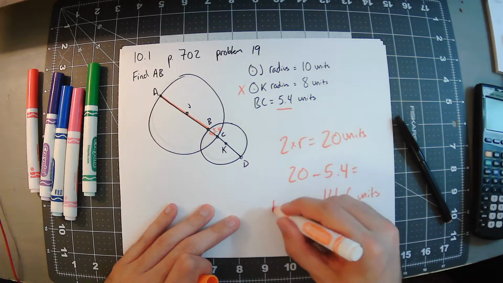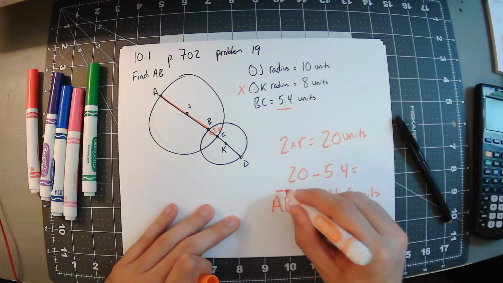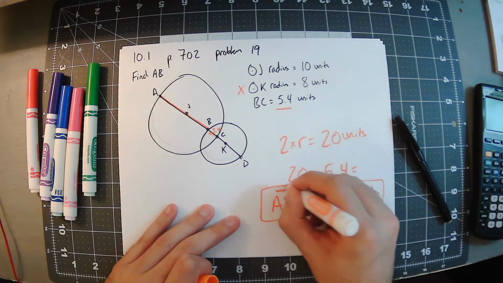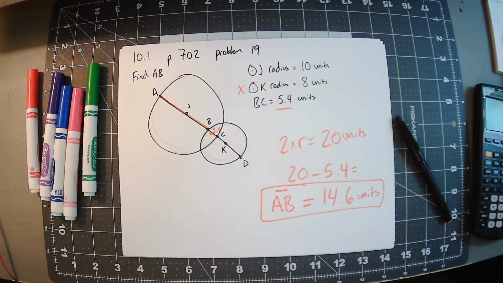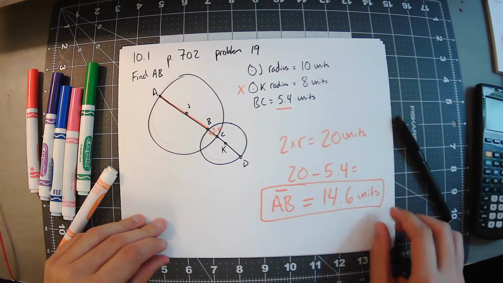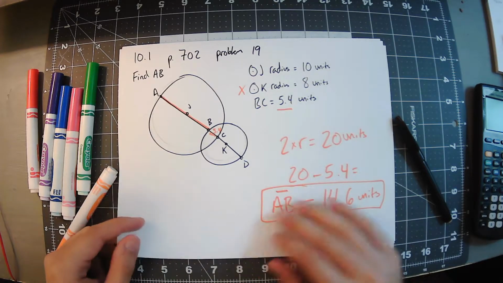So that is from A to B. Whenever we see an overlap, we're normally going to subtract something there. So that's our 10.1 problem.